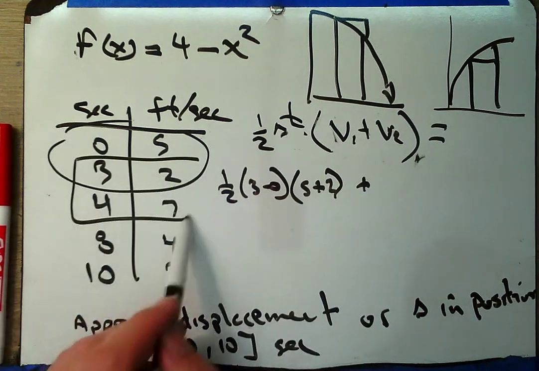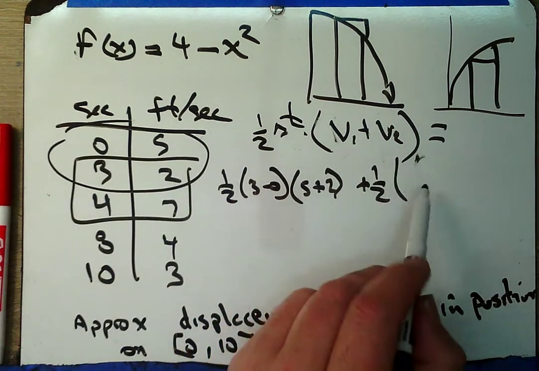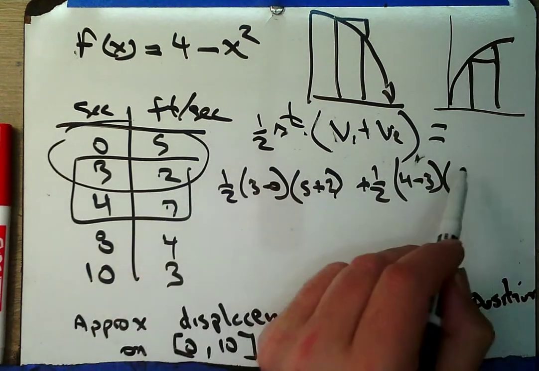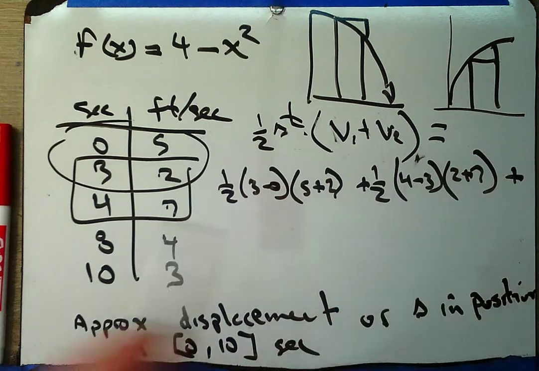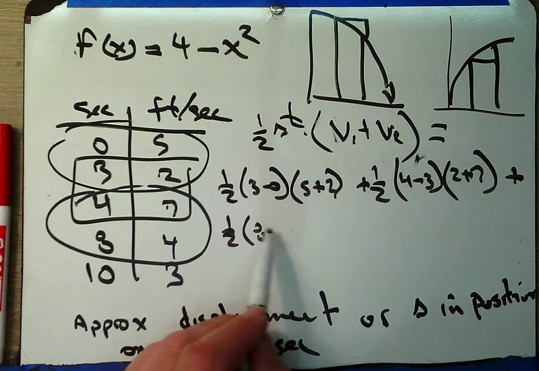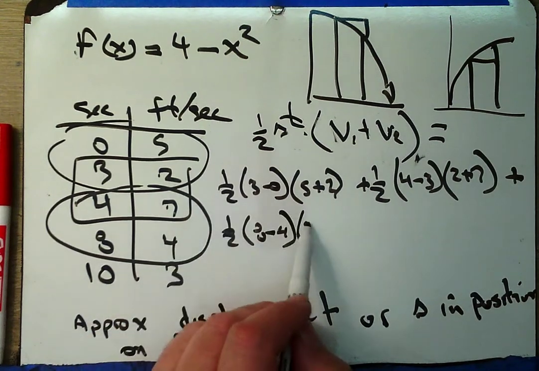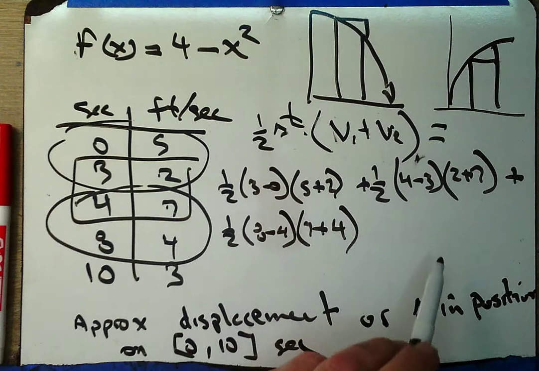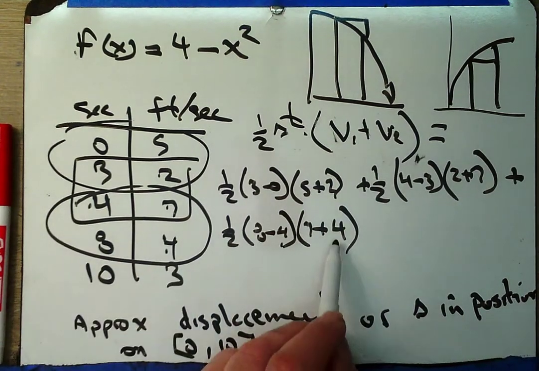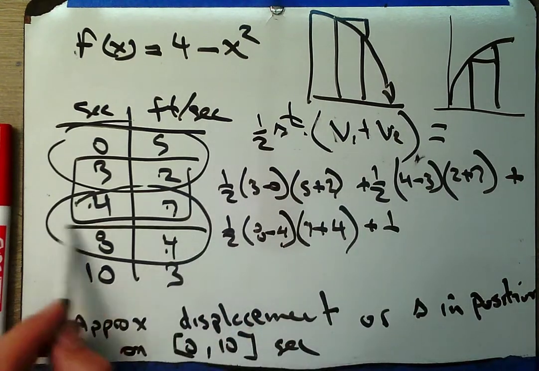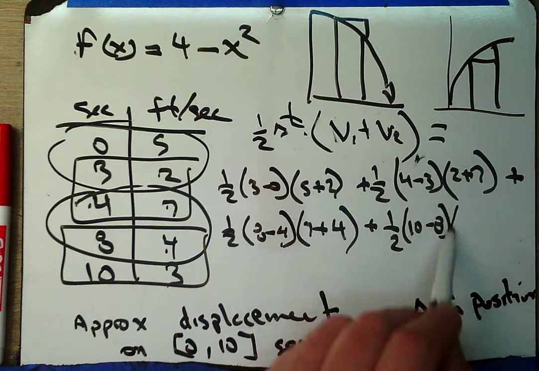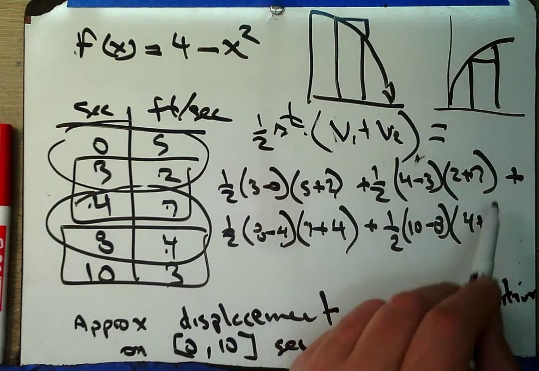And then here, 1/2, subinterval width 4 minus 3, base 1 plus base 2. Plus this one, 1/2, 8 minus 4, 7 plus 4. So this 4 is here, and this 4 is here. Plus our last trapezoid, which is going to be 1/2, 10 minus 8 times 4 plus 3.